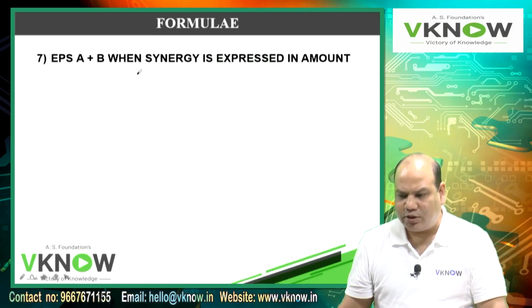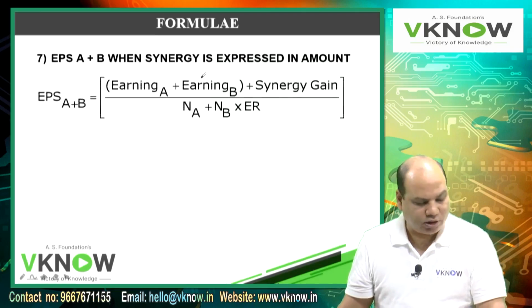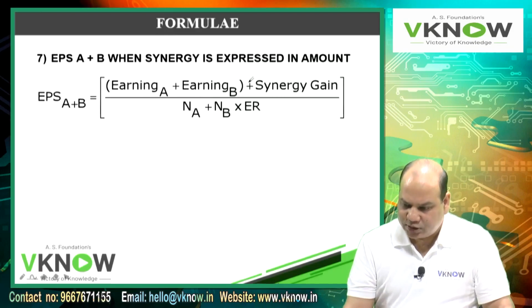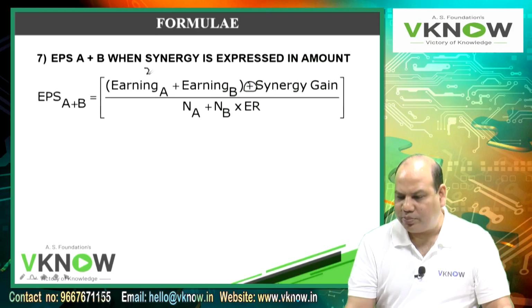Next is when the synergy value is expressed in amount. So here the formula will be earnings of A plus earnings of B plus synergy gain. So they may say 250 lakh is the earning of A, 50 lakh is the earning of B, synergy gain is 20.